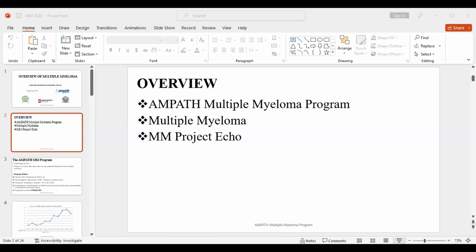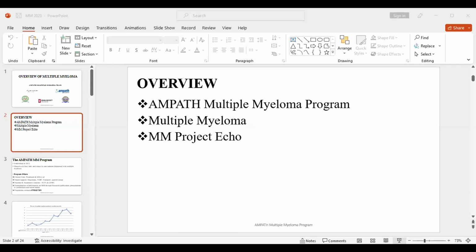The AMPATH multiple myeloma program was established more than a decade ago, and its main objective was to identify where these clients were, and once we found them, offer treatment and retain them in care, and at the end of the day improve the care for multiple myeloma.